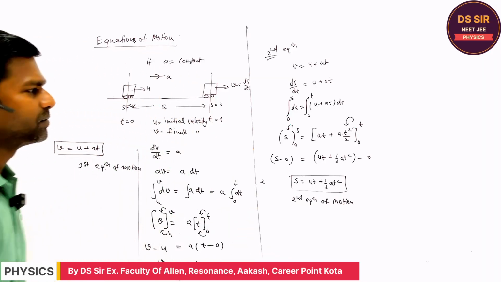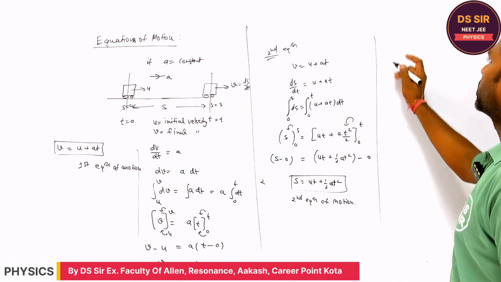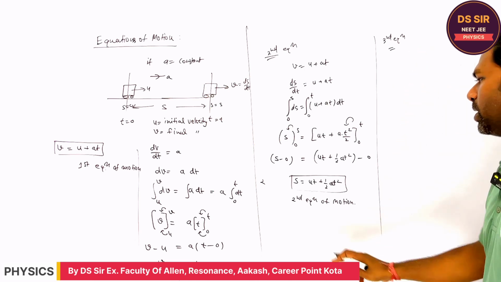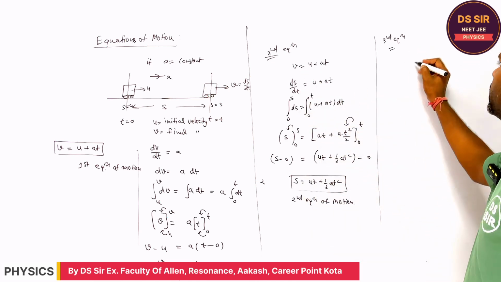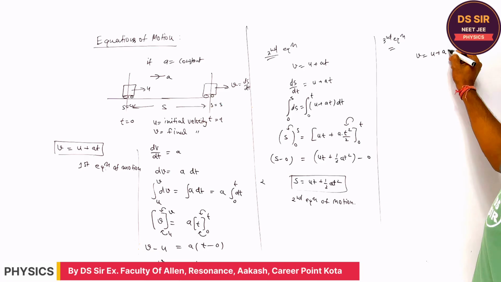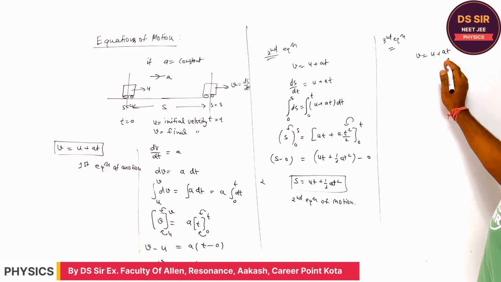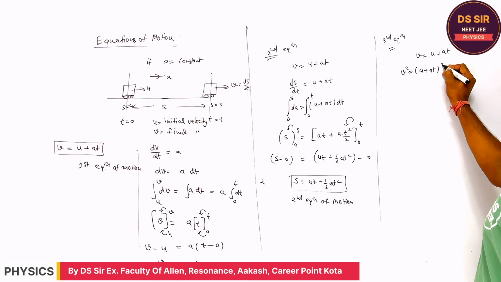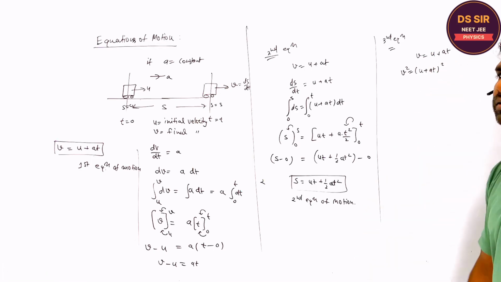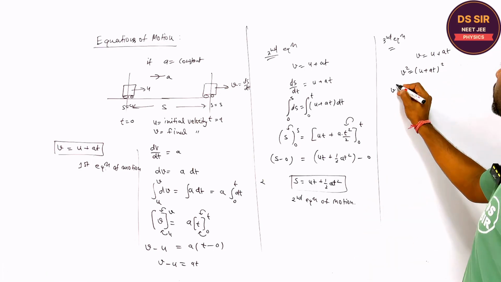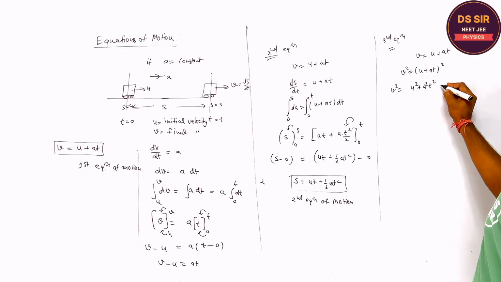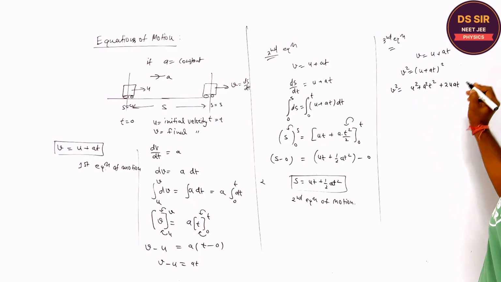Copy this. So the third equation of motion, how to solve that? This is v is equal to u plus at, the first equation of motion. Square both sides. If you square both sides, u plus at whole square, and therefore v square is equal to u square plus a square t square plus 2uat.